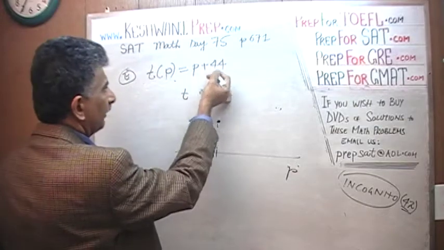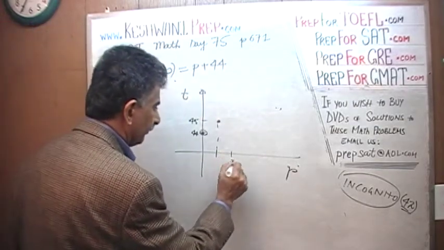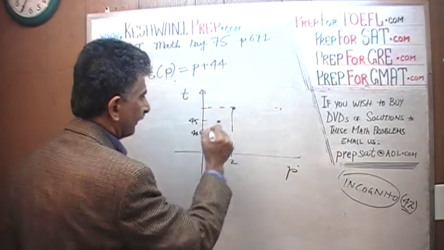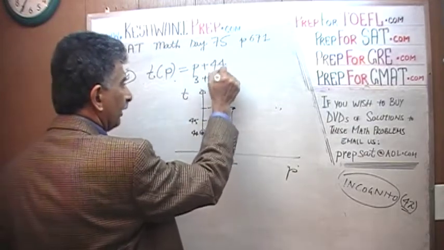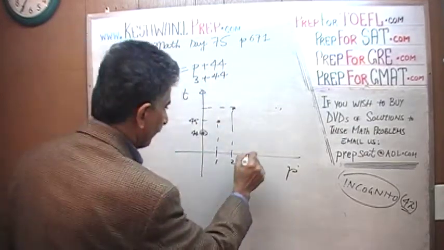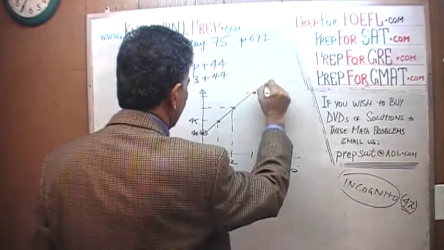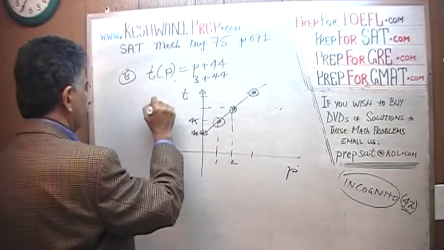You see? 1 plus 44. If you practice 2 times, it will take you 46 seconds. If you practice 3 times, then it will take you 47 seconds. And this is what the graph will look like. This is answer choice E.